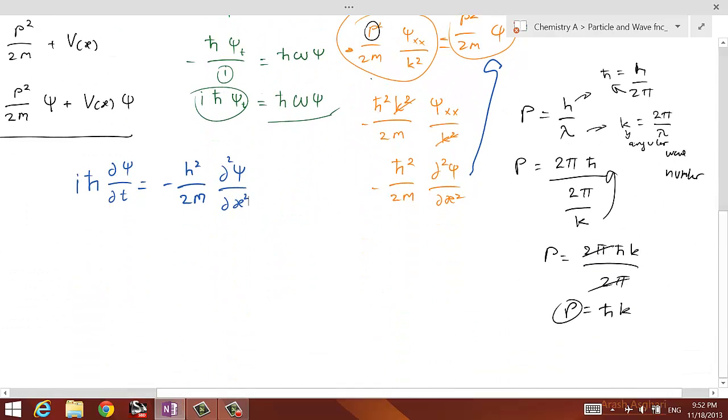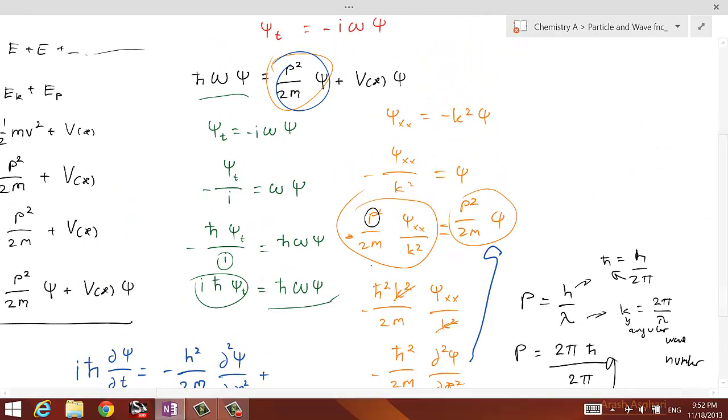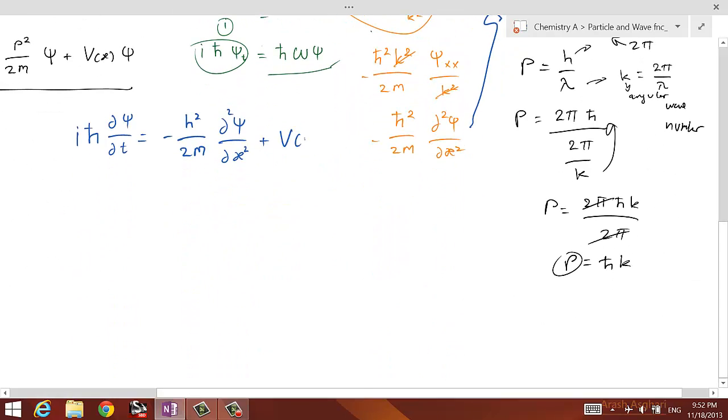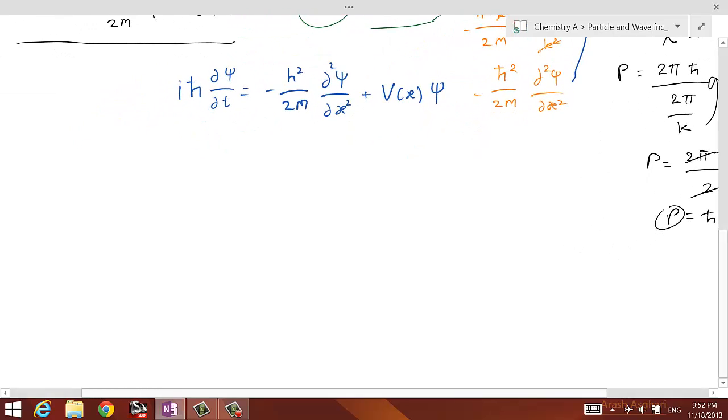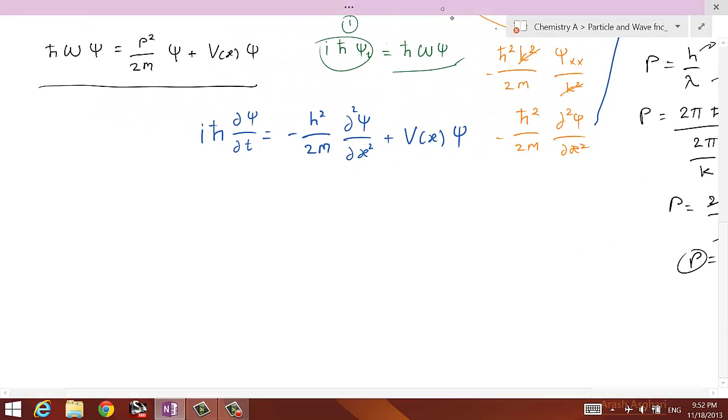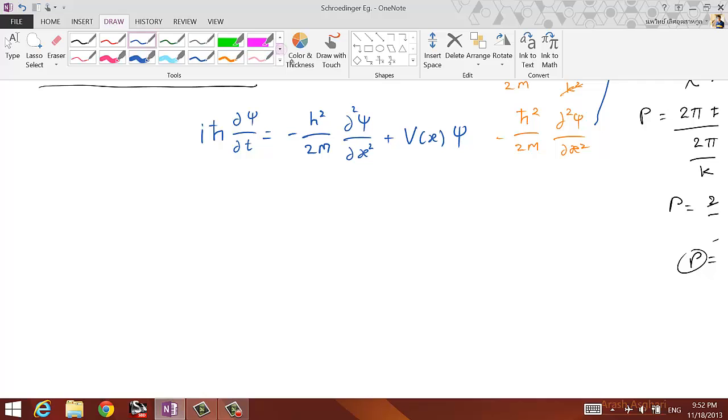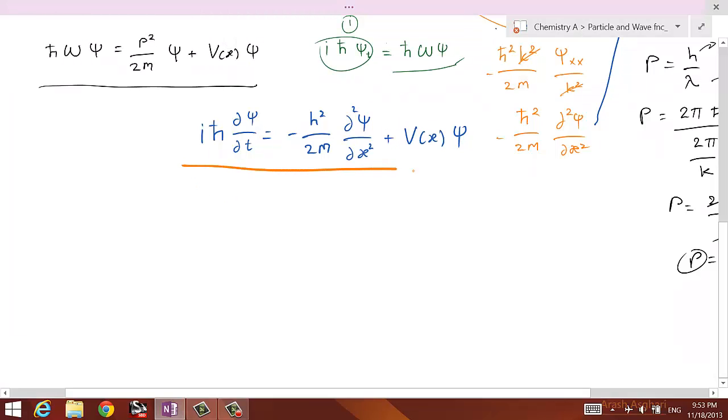Now plus the same thing, V(x) of psi. V(x) of psi is what we call the potential energy of the function. Now what do we got here? This is the Schrodinger equation.